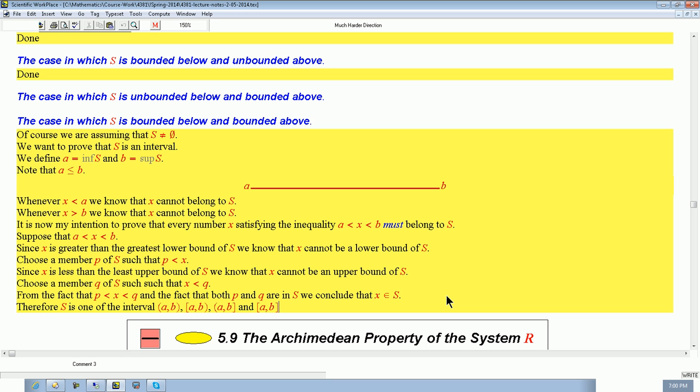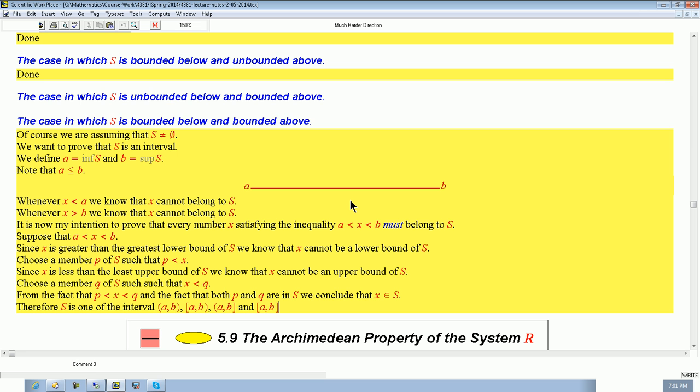So therefore, the set S is the open interval running from A to B, or that open interval with A chucked in, or the open interval with B chucked in, or the open interval with both of them chucked in. That's a closed interval. There we are. So we've proved that in this case, S is one of the kinds of bounded intervals.